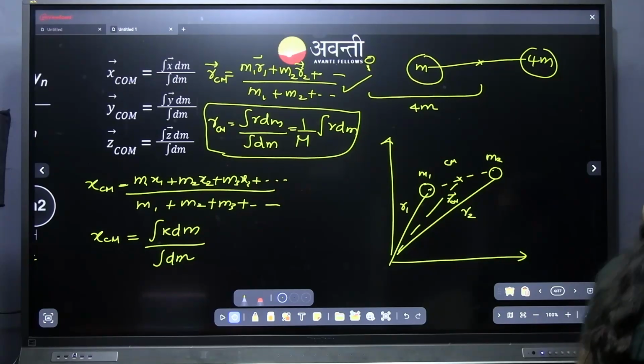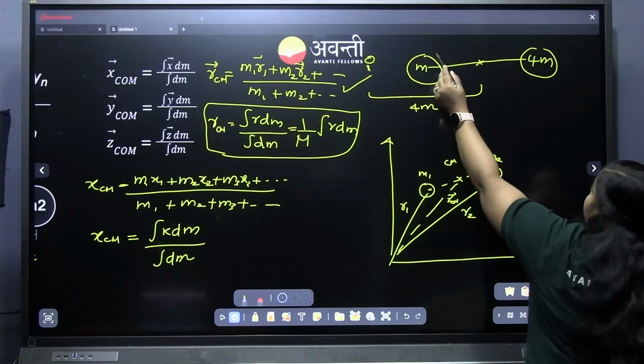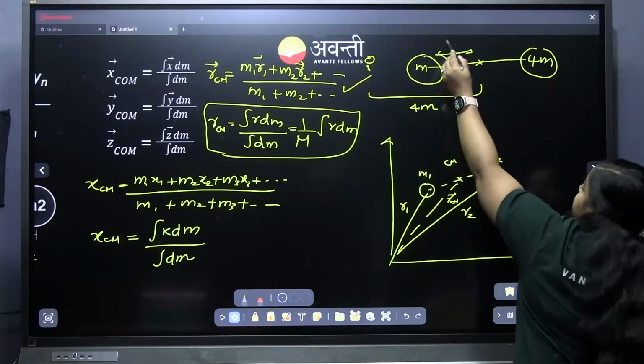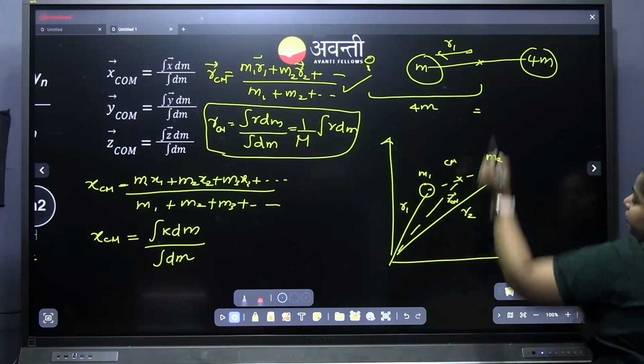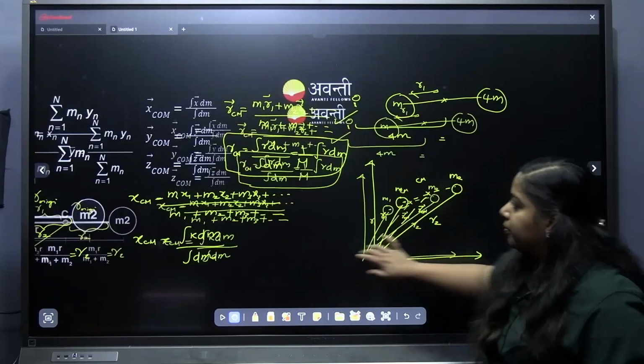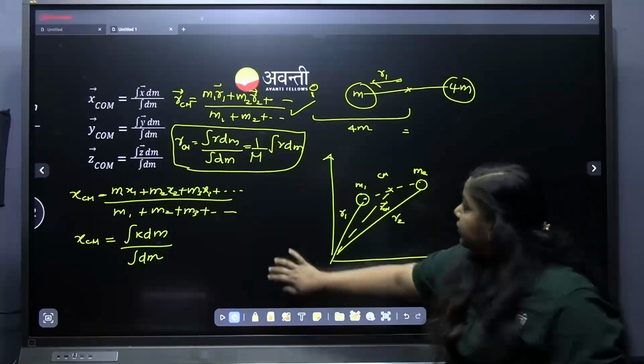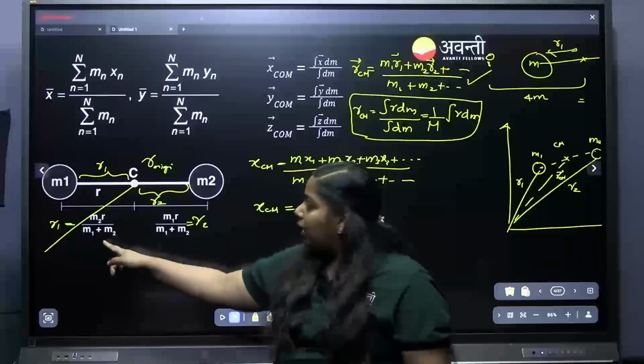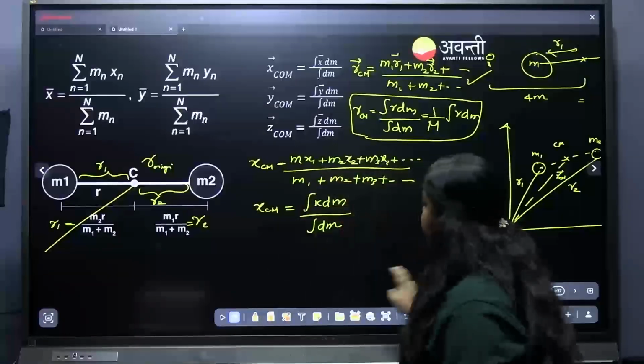If you want to find the distance between m and the center of mass, this distance r1 will be, using the formula, r1 equal to m2 r divided by m1 plus m2.